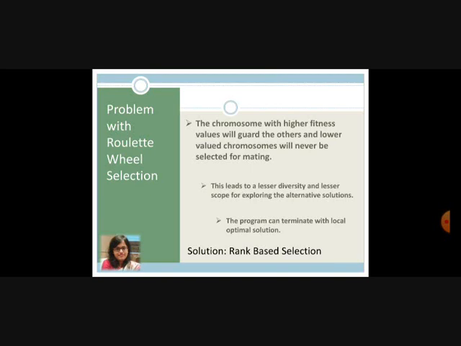This leads to lesser diversity and lesser scope for exploring alternative solutions. The algorithm can terminate with a local optimum solution as well. The solution to this is rank based selection.